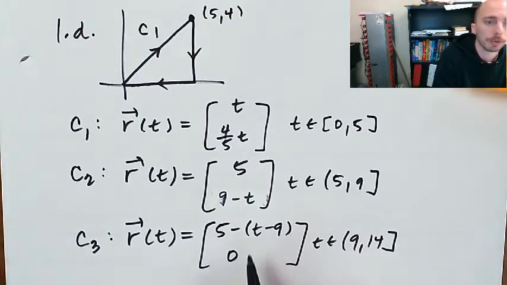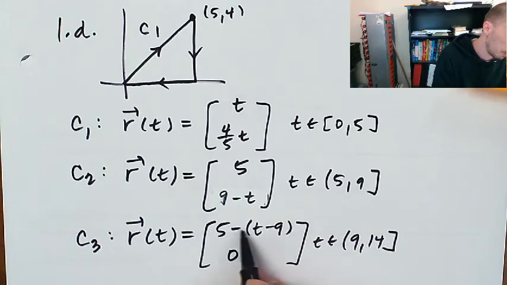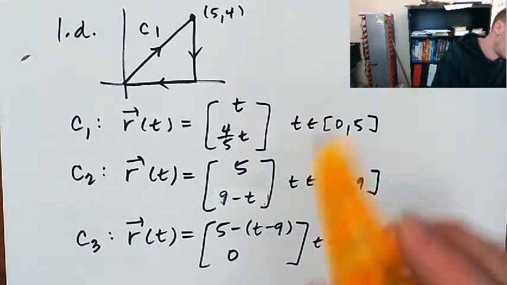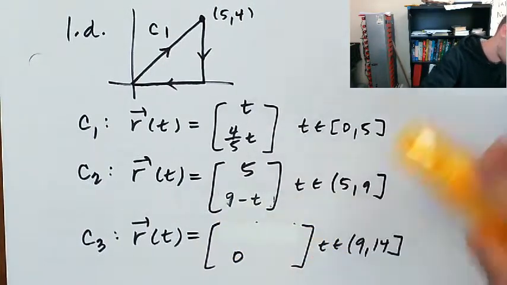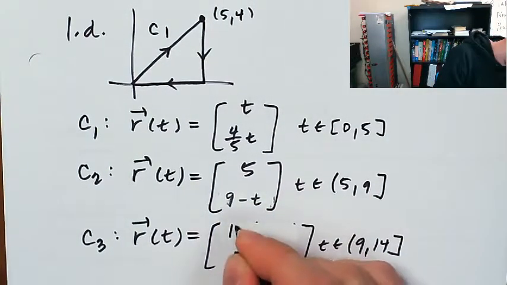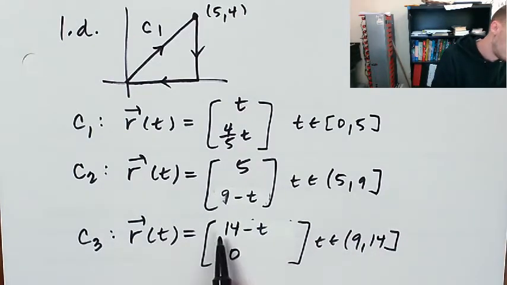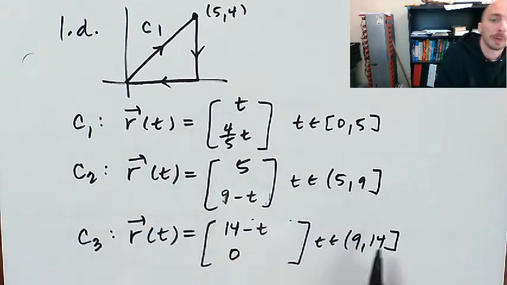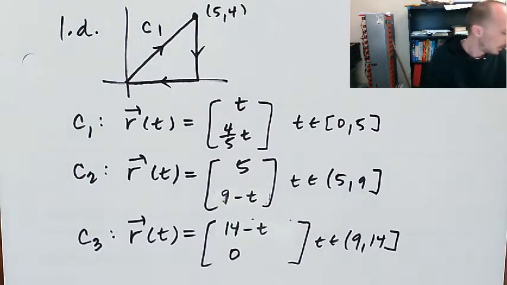And we'll want to check that for sure. But yeah, this will be 14 minus t. Because when t is 9, x will be 5, that's right there, and when t is 14, x will be 0 and y is 0, and so that's all the way back to where we started.